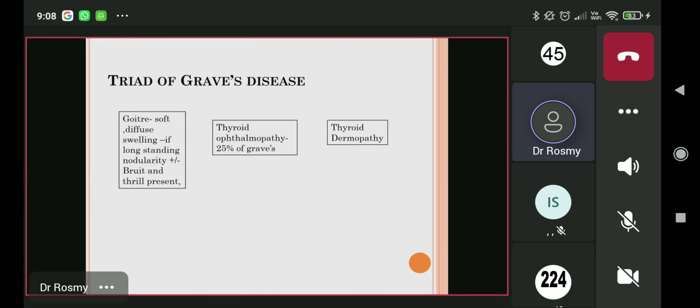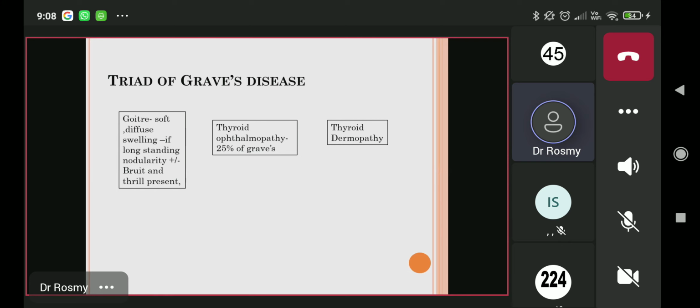I will not go into the detail of it, but it will tell whether only the eyelid is involved, or whether there is edema around the eyes, or whether the eyeball is bulging out. Proptosis. Badi badi aankhein dikhti hain, ekdam as if somebody is trying to stare at you. The person is not trying to stare. The eye has become like that because of the disease.